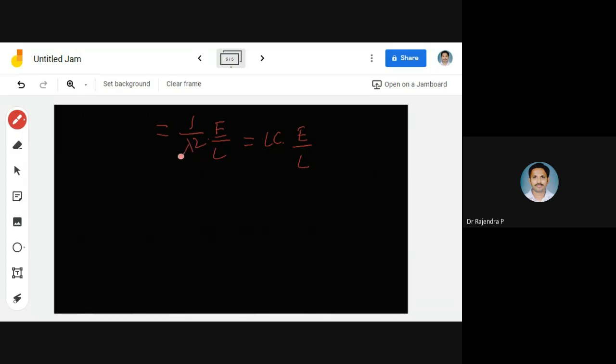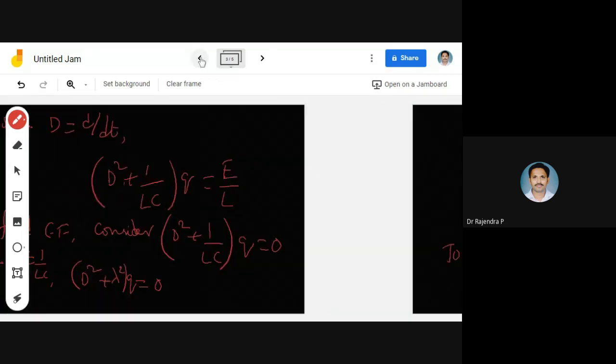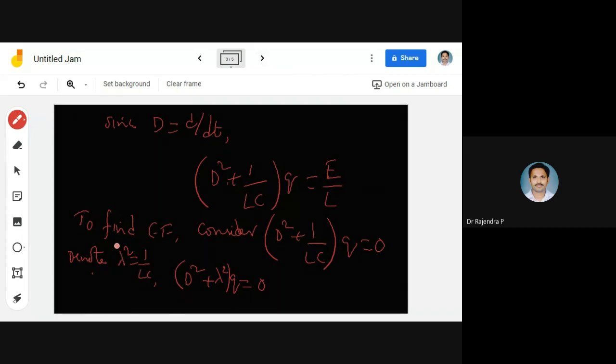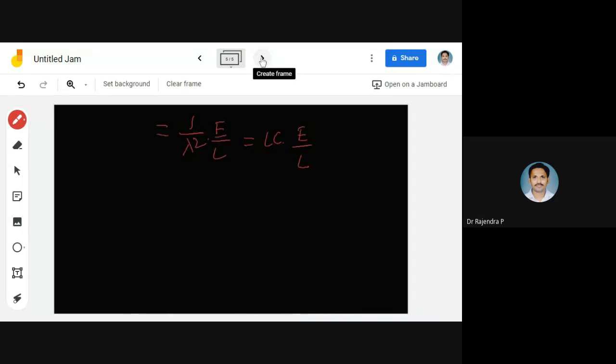The lambda square value is what I considered. I will go back and show you what we considered. See here, denote lambda square is equal to 1 by LC. There I am taking the reciprocal, right? 1 by lambda square will become LC. So L and L get cancelled. So we have EC. Okay.